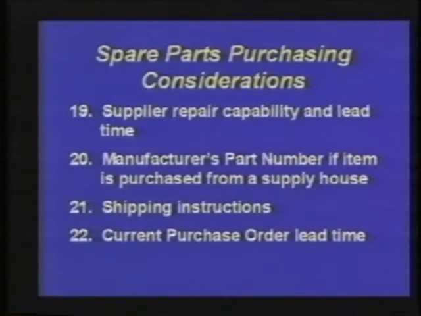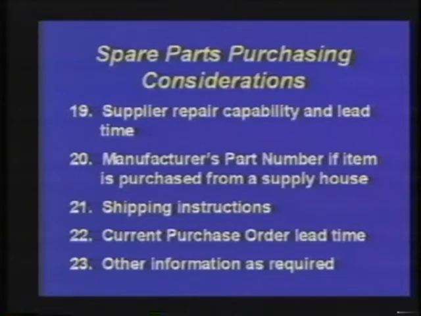You would have to develop shipping instructions basically for two types of purchase orders. One is for a repair order going to a supplier, and secondly, for items that are going to be returned to the supplier for either credit or replacement. You want the current purchase order lead time and any other information that you feel is required for key major spare parts.